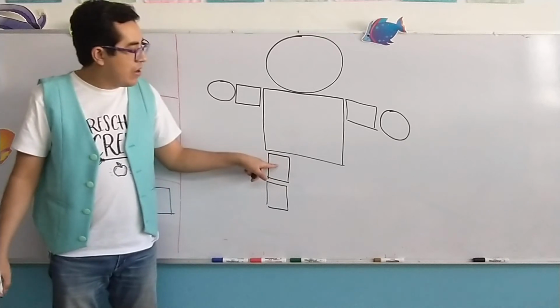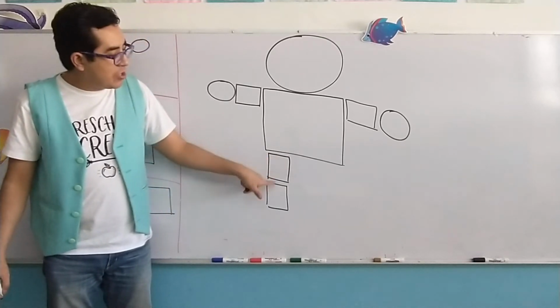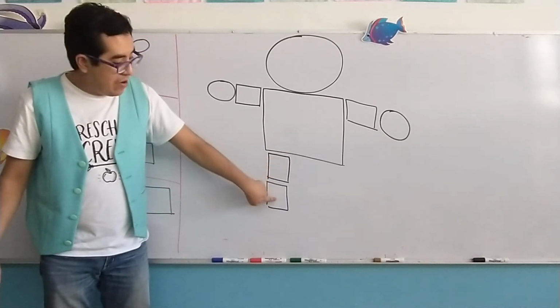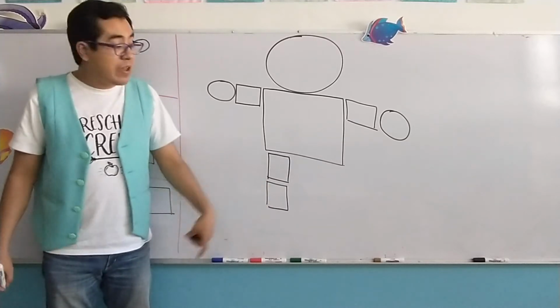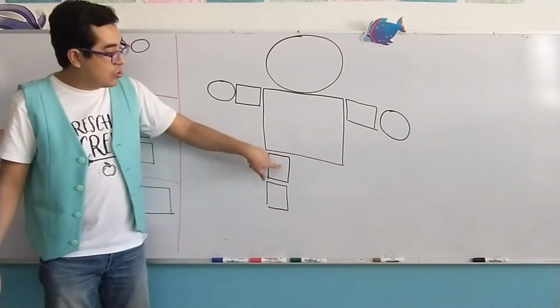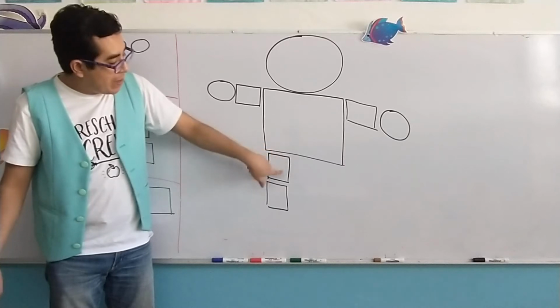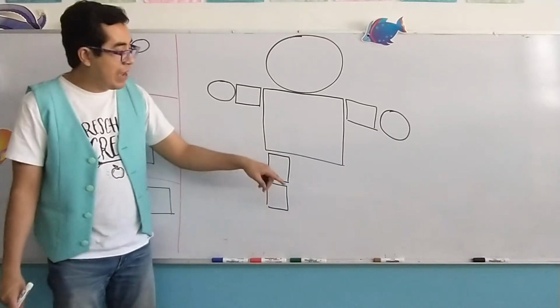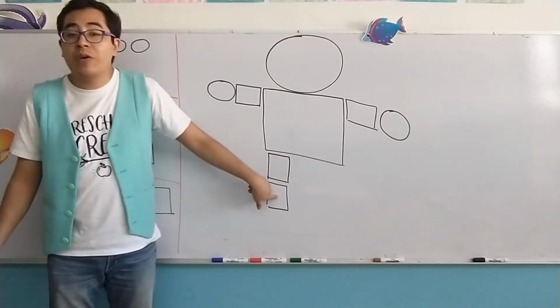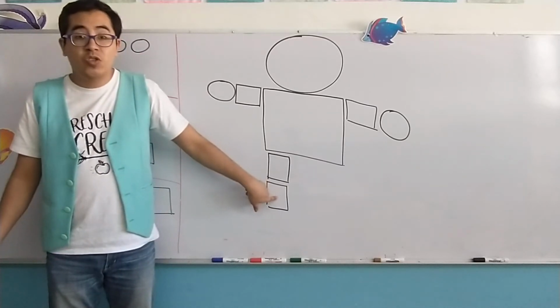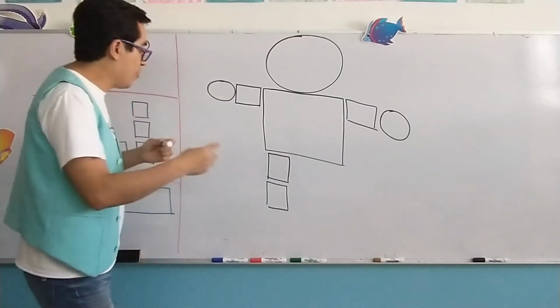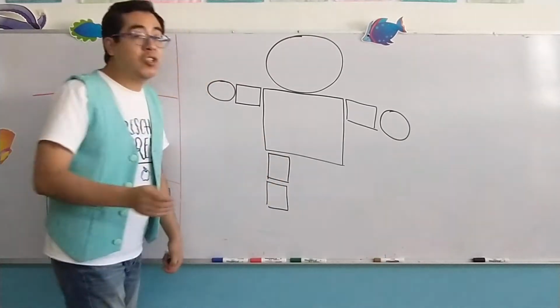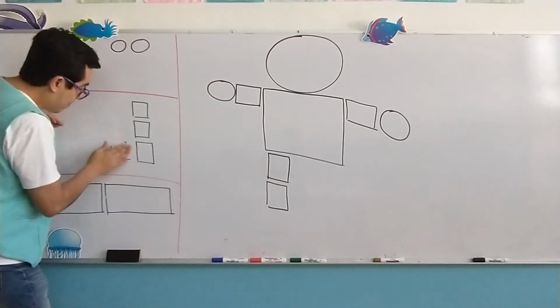As you can see here, we have one part of the leg, and here we have the knee. Como pueden ver, utilizamos dos cuadrados, uno que es la parte de la pierna y el segundo cuadrado es nuestra rodilla. So, two squares, once we have it in this section, let's erase it from here.